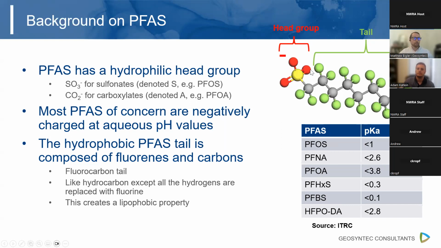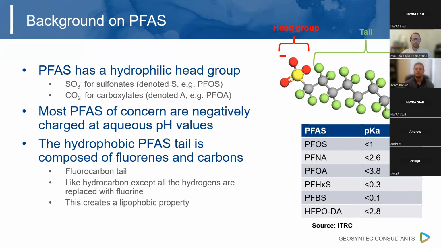And what's important about that is that these are all acids, right? And so I have the pKa's of each of the PFAS compounds that we're concerned about over here to the right. If you don't know what pKa is, in its simplest form, pKa denotes at what pH the PFAS molecule will be protonated.